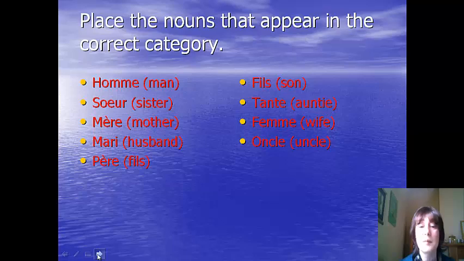It shouldn't say fils, père, that doesn't make any sense. Just a wee mistake here, so correct it. It means father. Père is father. Grand-père, masculine. Frère, masculine. Garçon, masculine. And fille, féminine. So that's pretty straightforward.